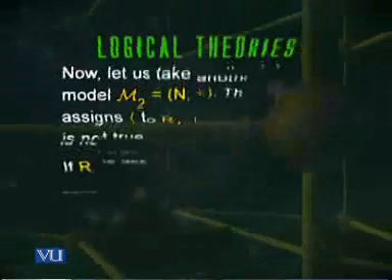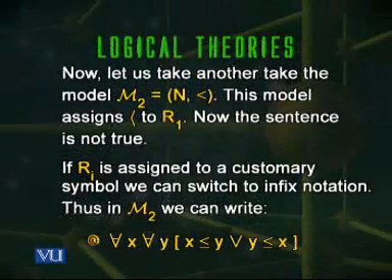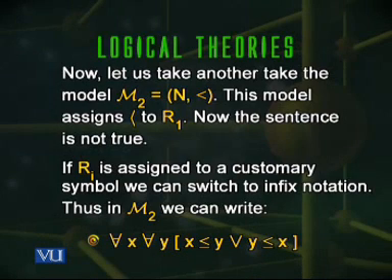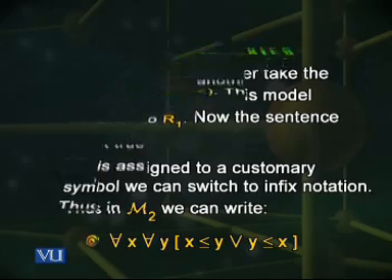If we look at this sentence in this model, where the universe is the natural numbers and the relation is less than or equal to, then what does this sentence say? It says, for all x and for all y, x is less than or equal to y, or y is less than or equal to x. And as you know, this is a true sentence.